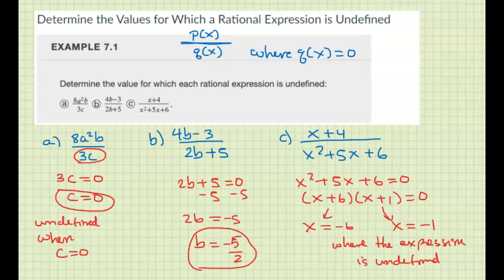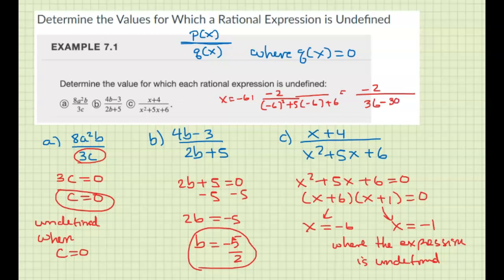Okay, so if you go back to here, if I plug in negative 6, so at x equals negative 6, I'm going to have negative 6 plus 4, which is negative 2, over negative 6 squared plus 5 times negative 6 plus 6, which is negative 2 over 36 minus 30.